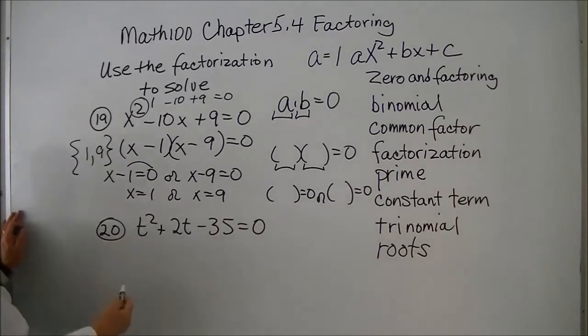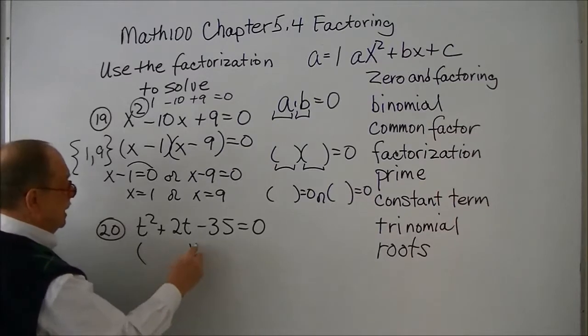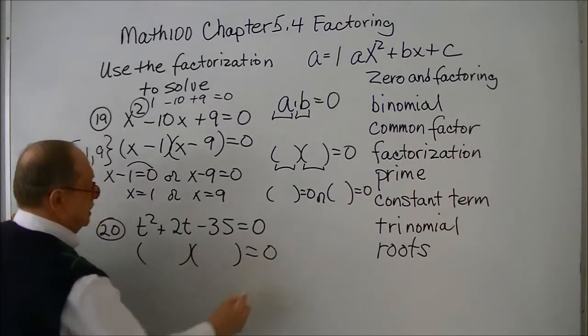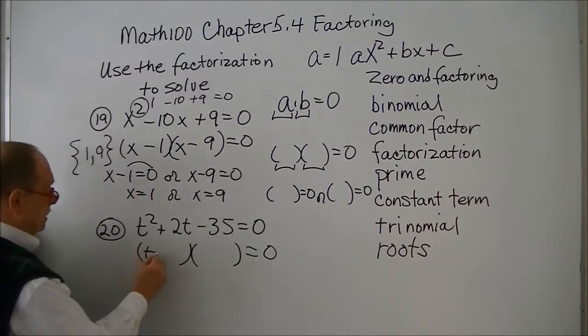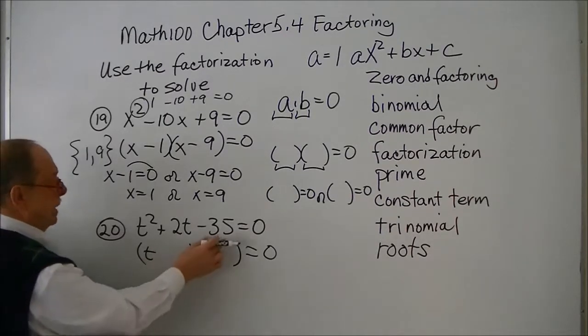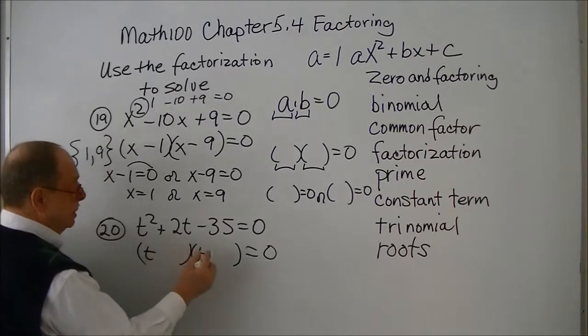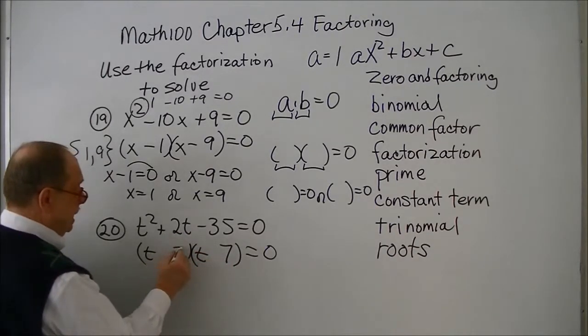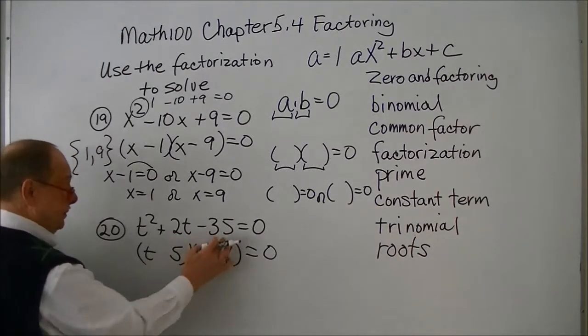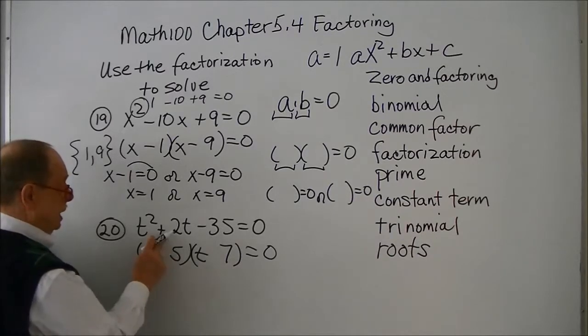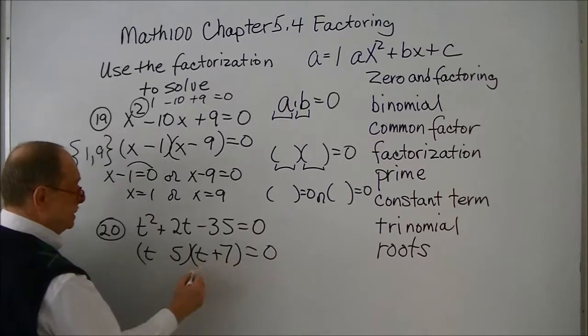Let's do this one. Factors of 35 that have a difference of 2 would be a 7 and a 5. We need a positive 2, so the larger factor will be positive.